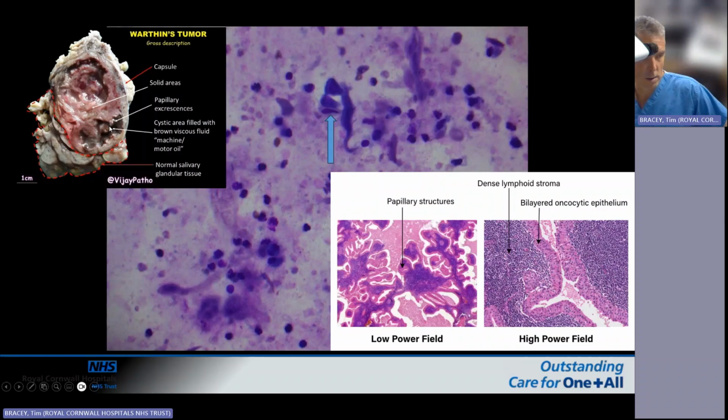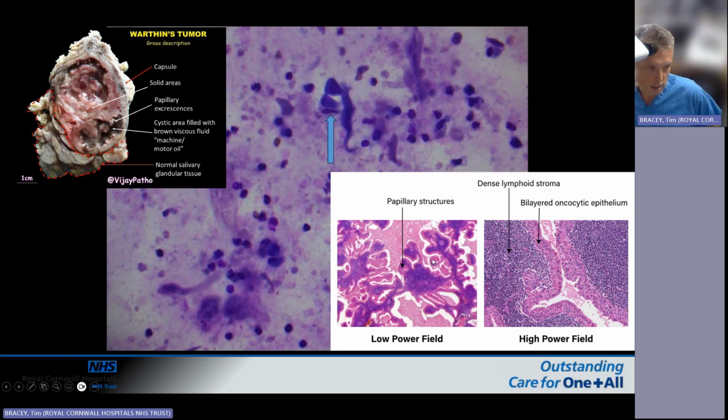The fluid, when I used to do FNAs of these, if you hold it up to the light, it can look like machine oil. It has little gold glinting flecks in it, which are thought to correspond to cholesterol clefts within the fluid. And then you've got the normal salivary gland tissue around the outside.